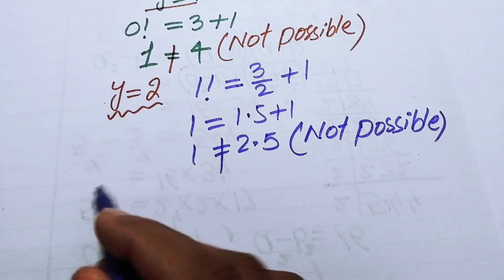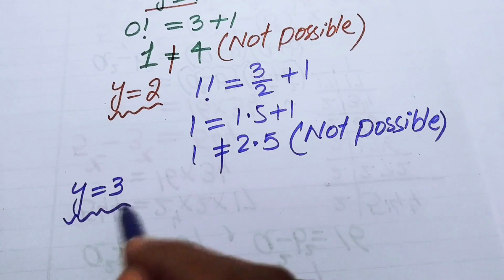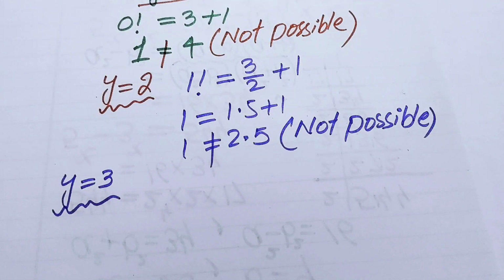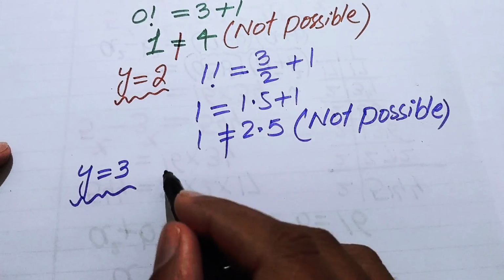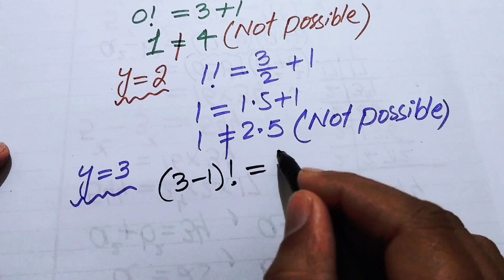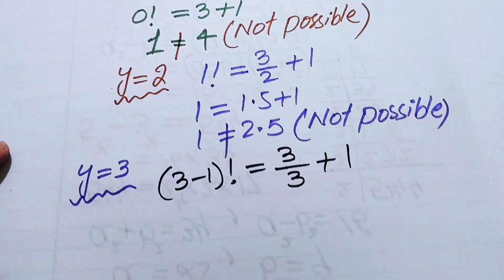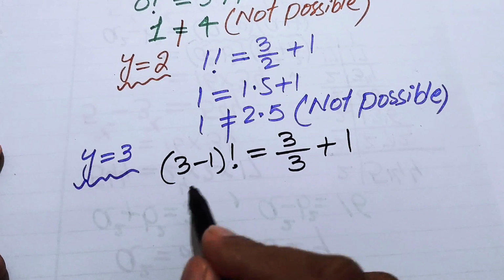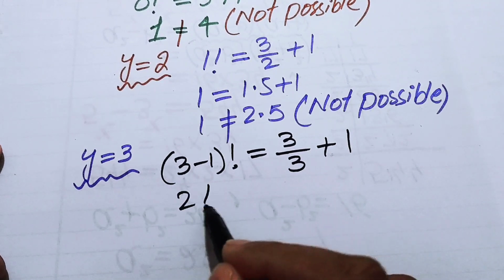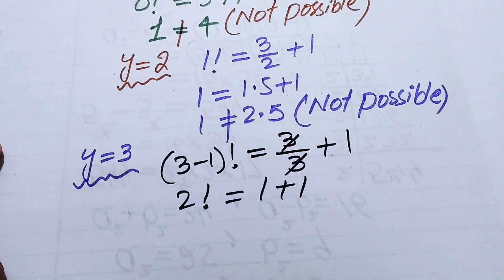And now we will check at y equals 3. So when you put y equals 3 in the given equation, we obtain (3 minus 1) factorial equals 3 over 3 plus 1. And you see here 3 minus 1 equals 2 factorial, and 3 over 3 is 1, so we have 1 plus 1.